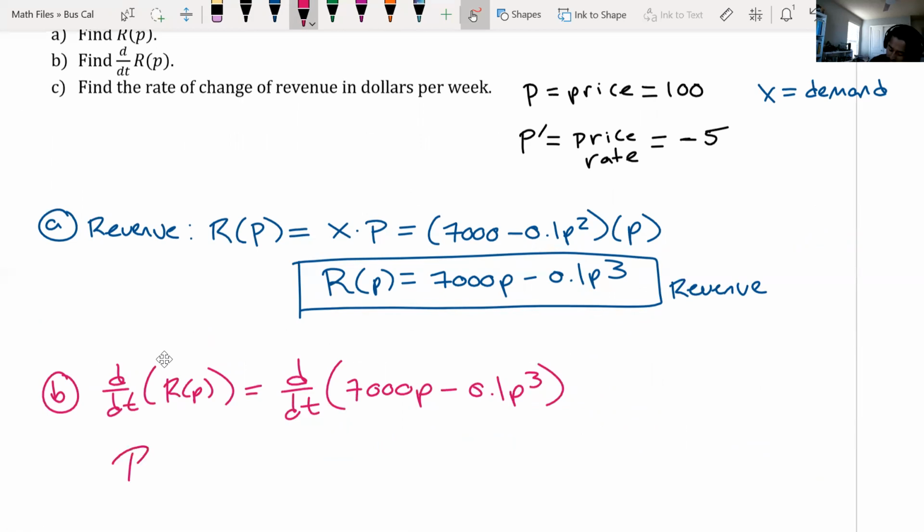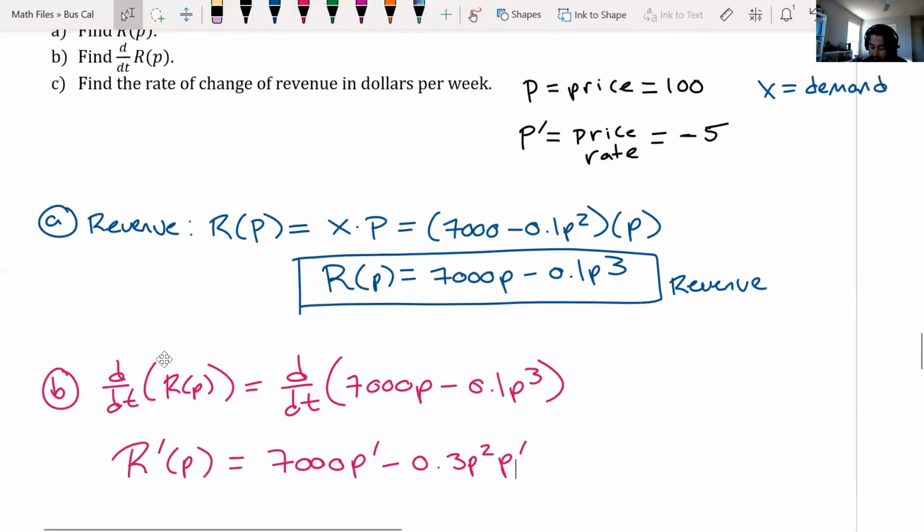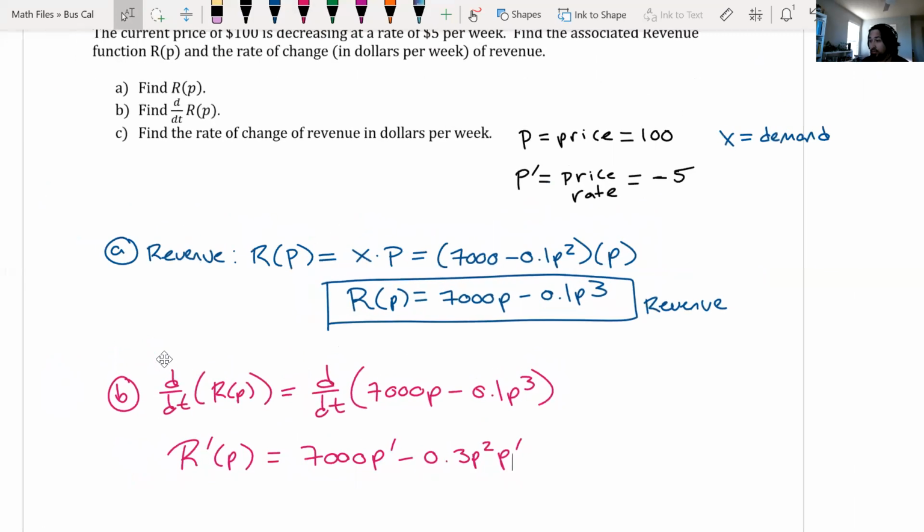The left side will become R prime of P. The right side will be 7,000 P prime minus, and the implicit derivative of 0.1 P cubed. That 3 is going to come and multiply the 0.1, which means I'll have 0.3 P squared P prime. Okay. And there's our derivative.